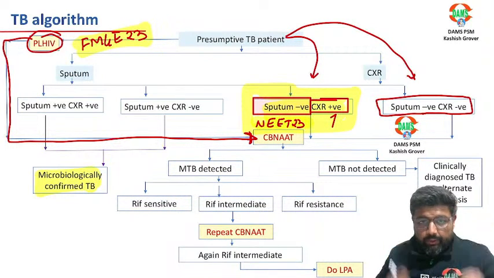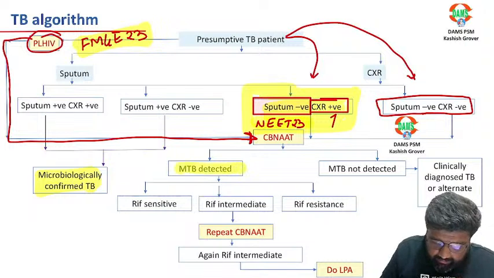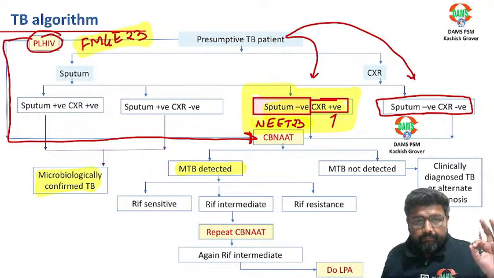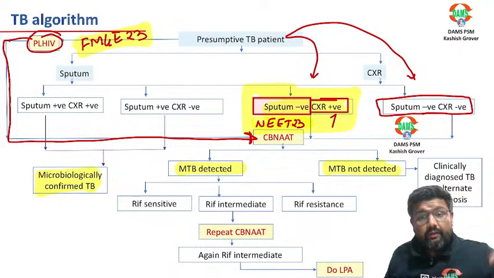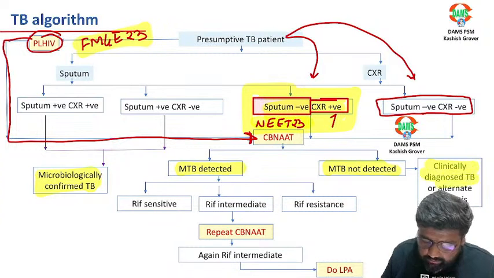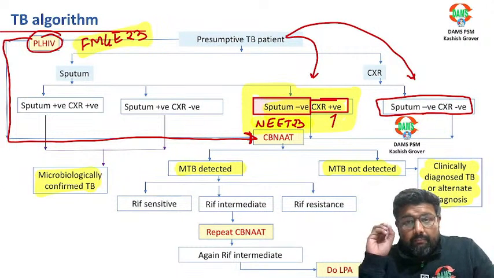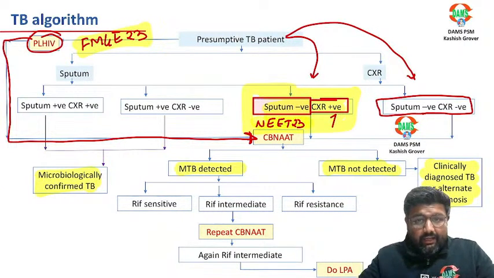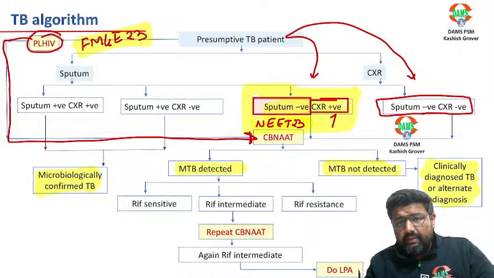Now, second point. If on CB-NAT it is positive, fine. But if it is not detected on CB-NAT, now you have two options. Number one, make a diagnosis of clinically diagnosed TB, right? There are many scenarios.